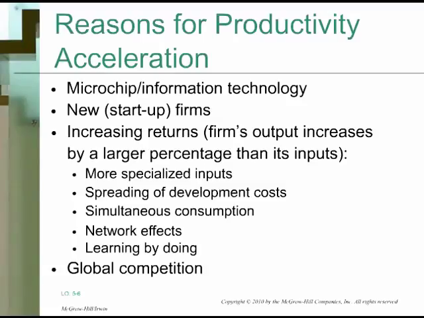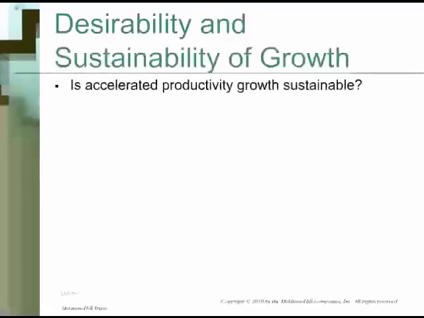A larger number of new startup firms. Increasing returns, which allow output to increase by a larger percentage than inputs. And global competition. The main reasons for achieving increasing returns are more specialized inputs, the spreading of development costs, simultaneous consumption, network effects, and learning by doing.